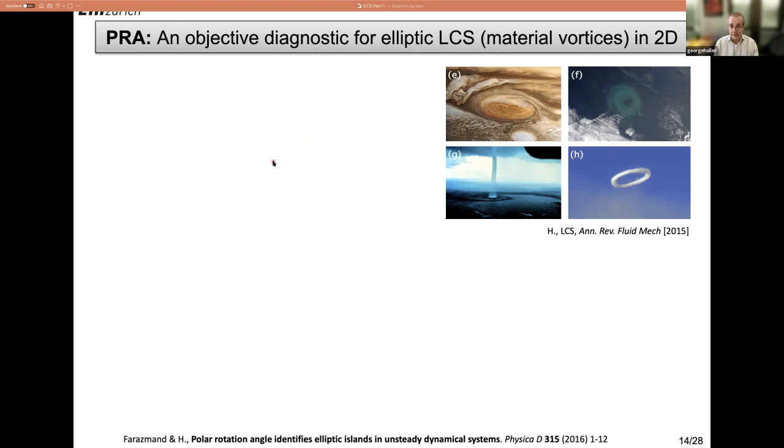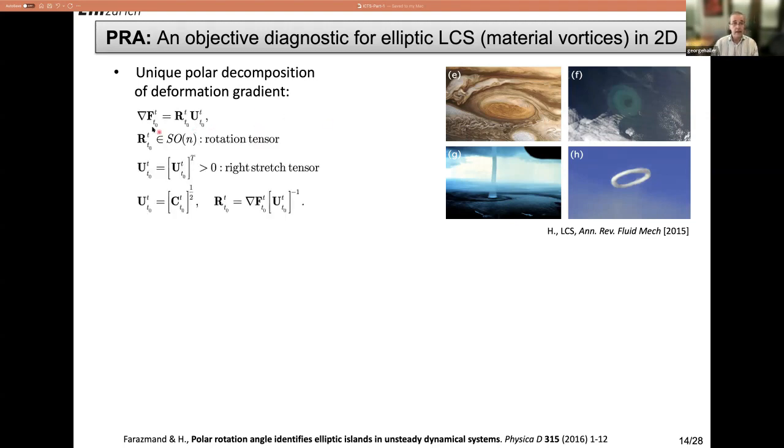And this PRA is a diagnostic designed for that. This is another way of getting information out of the deformation gradient. The deformation gradient also has another decomposition, as any square matrix would. We already talked about the singular value decomposition, but there's the polar decomposition, which was invented for the purposes of mechanics: there's a rotation and there's a stretch component.